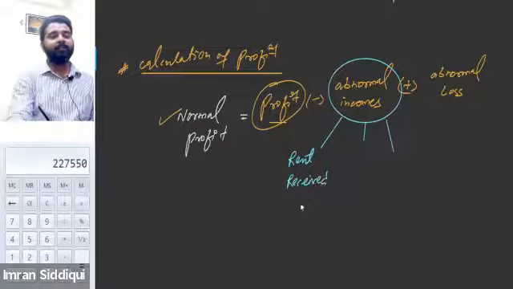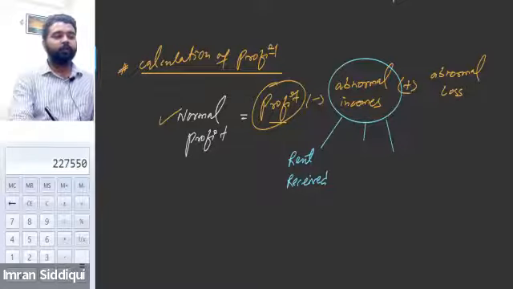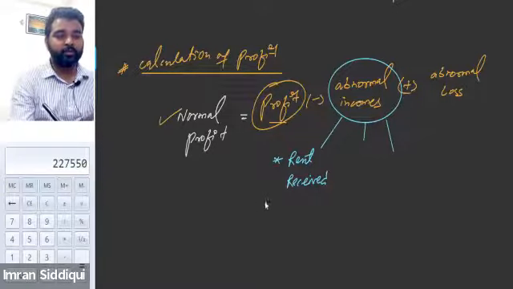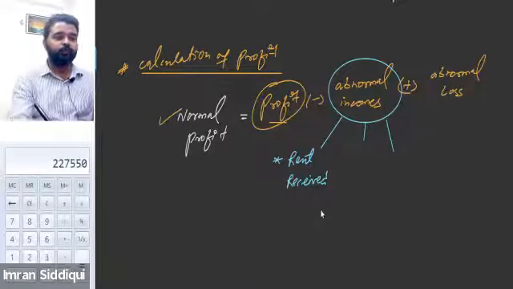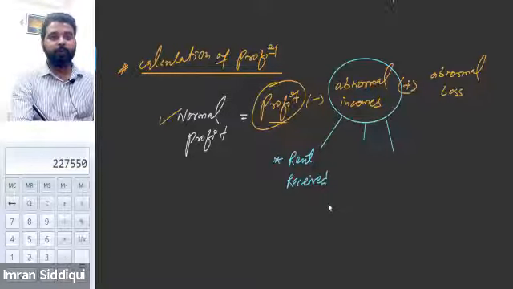Rental income is considered as abnormal income because these are non-operating incomes. This is income which is not generated by the business from the main source of the business.